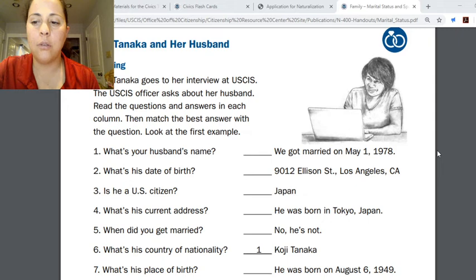Let's look at this. What is his current address? Los Angeles, California. Los Angeles is the city, California is the state. What's his place of birth? He was born in Tokyo, Japan. Very good.